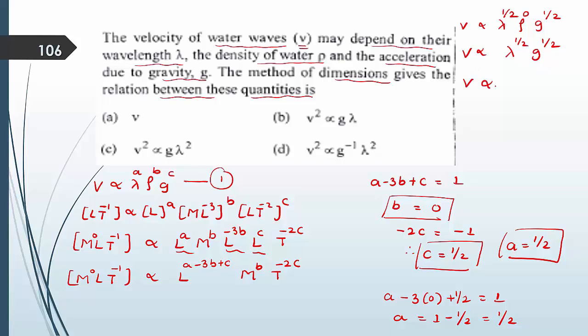Leave it. V is proportional to root of lambda into G. Or V square is proportional to lambda G. Now you can observe the options, which is the right answer. V square is proportional to G lambda or lambda G. So option B is right.